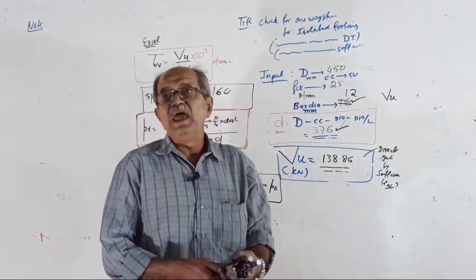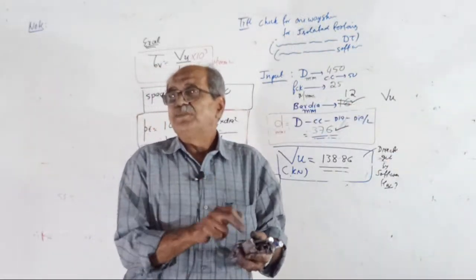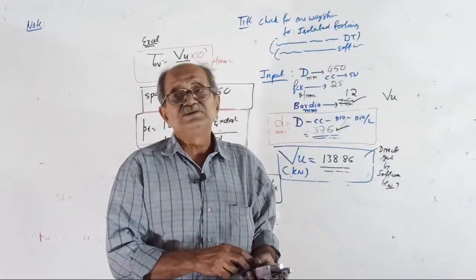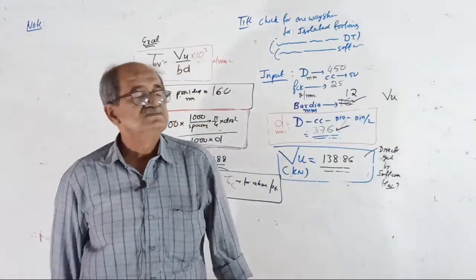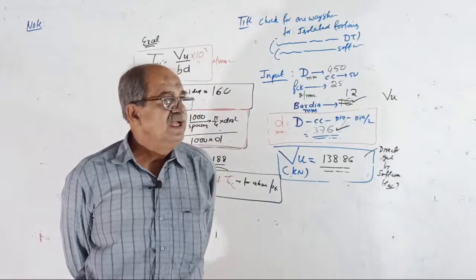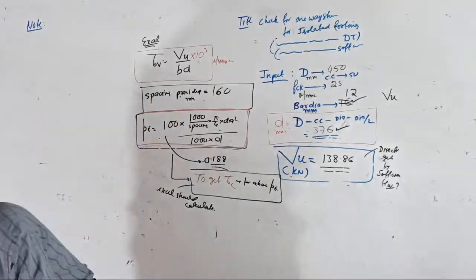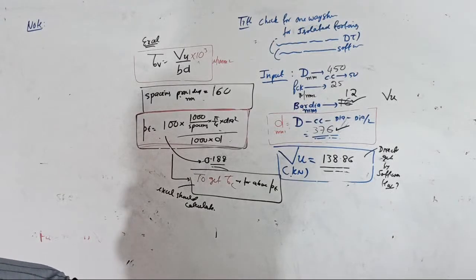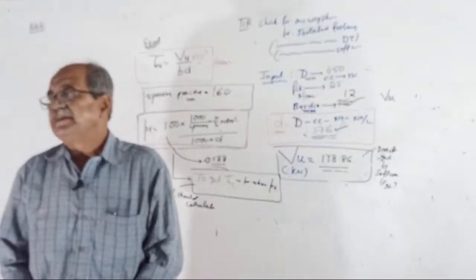Then you take your calculator, use the IS code, and based on that PT by interpolation, get the tau C value and enter it. But it will take time.